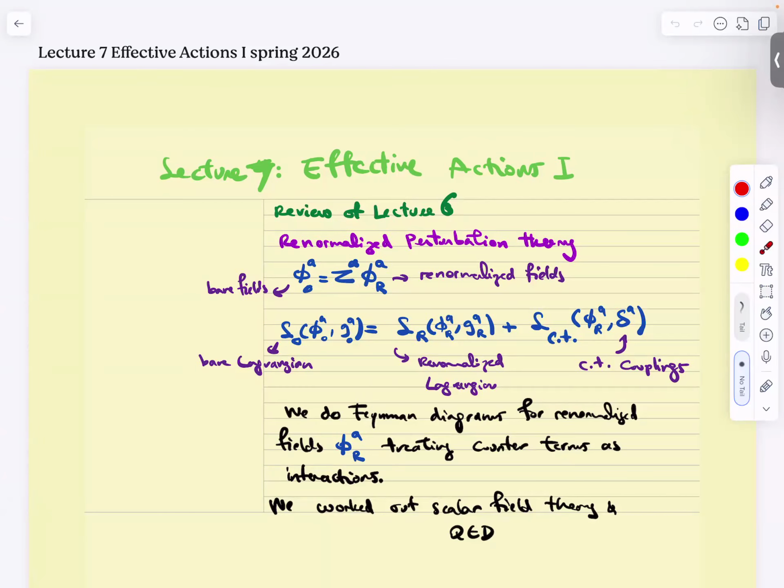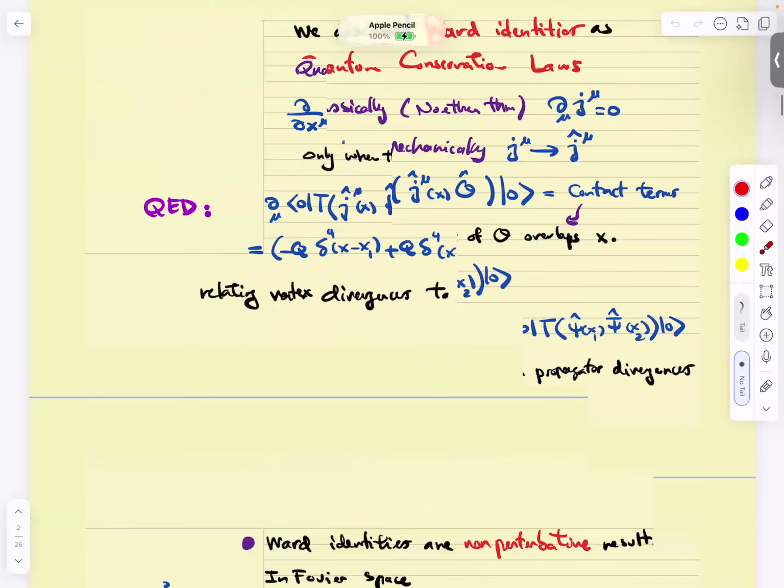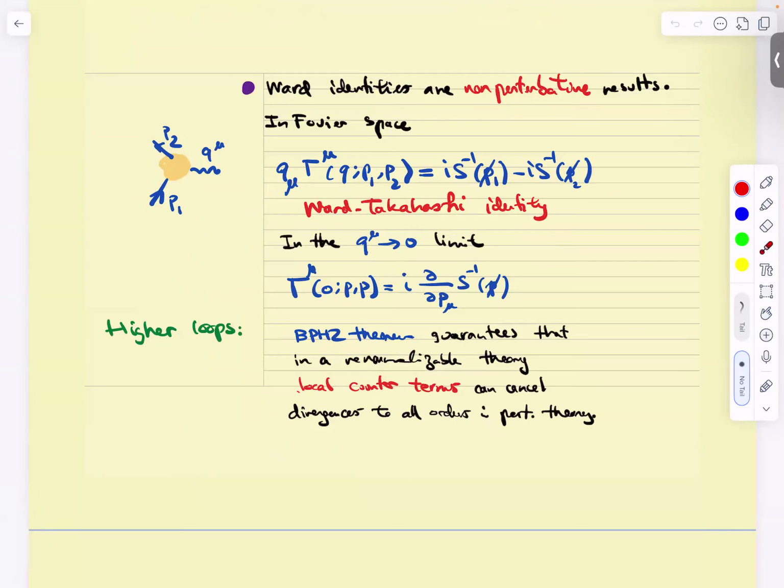The renormalized field, in principle, once we get to our renormalization group, we're going to see this. In principle, something that could occur is that renormalized fields could be some average coarse-grained versions of the bare fields, right? That's a possibility.